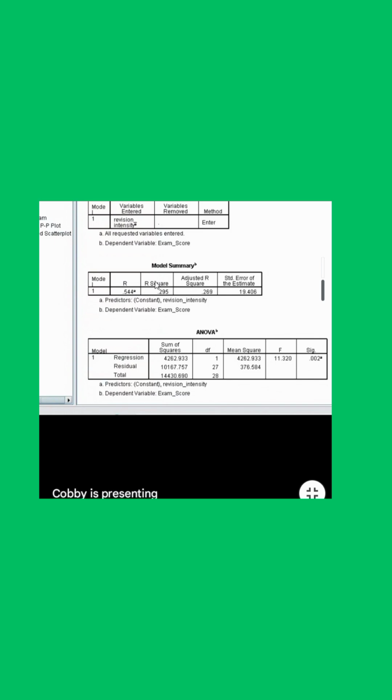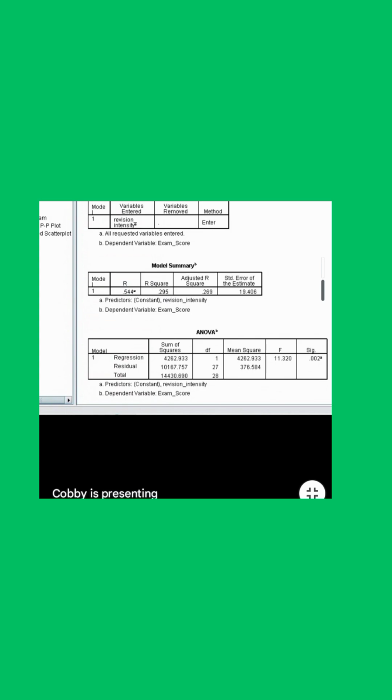Okay, then the R squared explains that 29% of variation in exam score is explained by the intensity of study. So 29% of exam score is explained by the intensity.